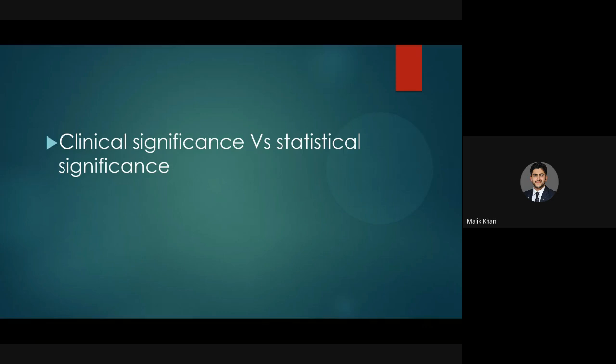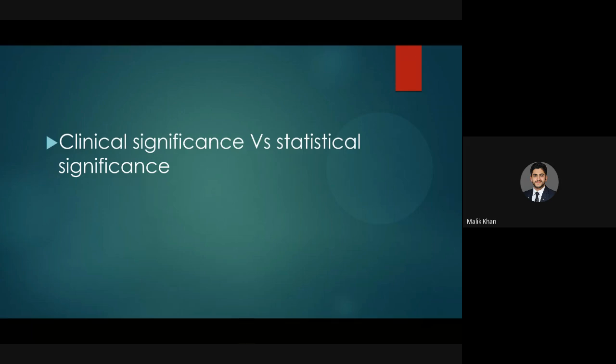But the concept is, let's say the test gave you a p-value of 0.04, 4%. What it means is the probability that the results are by chance alone in my study, in my sample, is 4%, right?